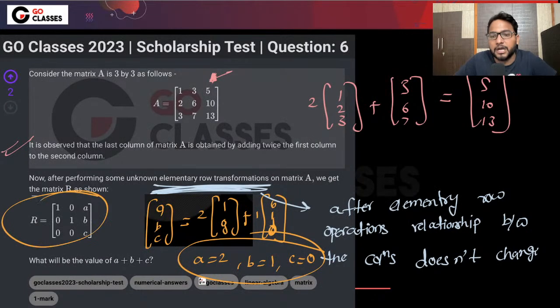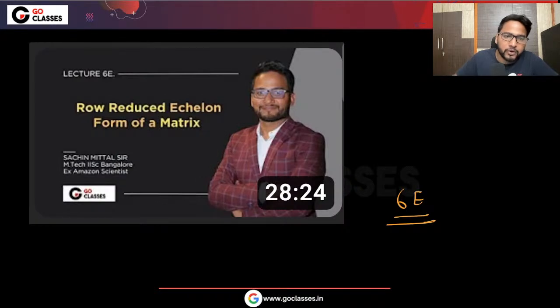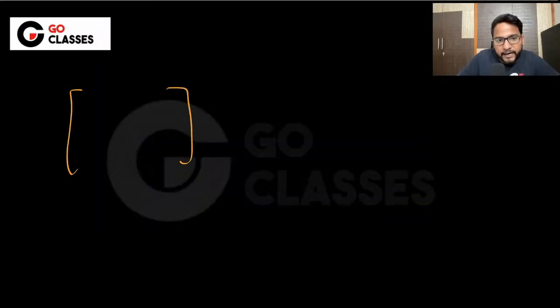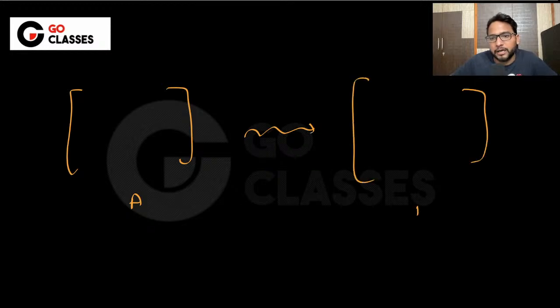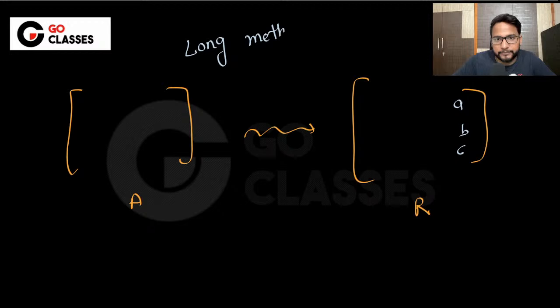How many of you did it? How many of you did using the long method? And how many of you did using the short method? See, one other method could be, you take this matrix A and check what are the operations that are leading to R, and then find the values of ABC. This is the long method, which is not required.